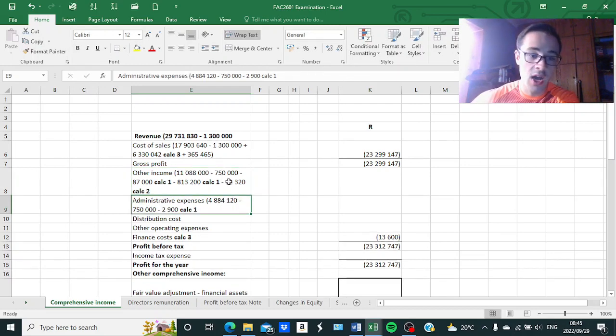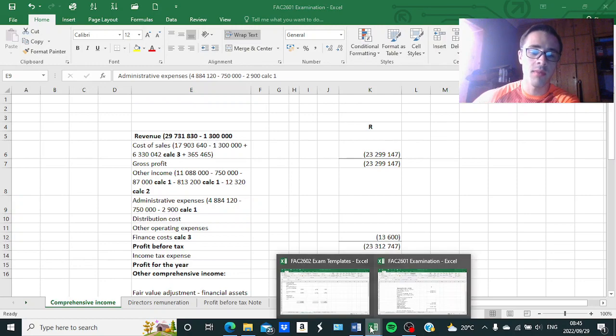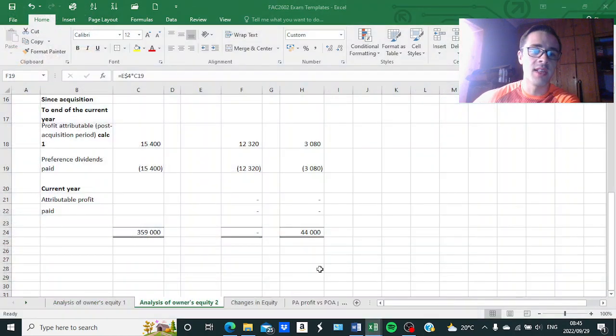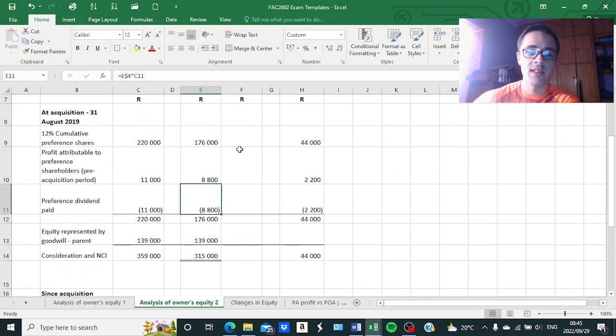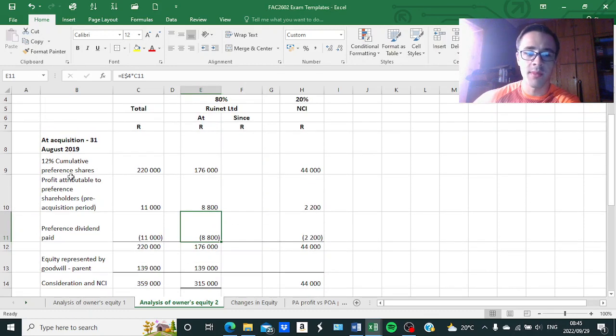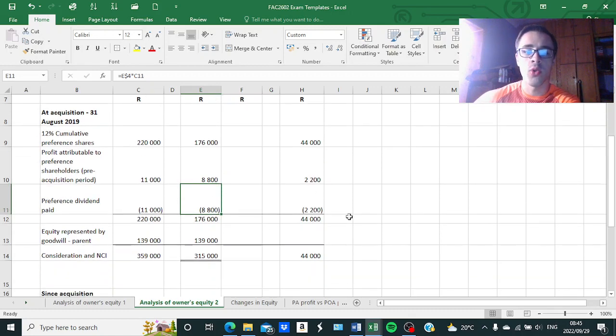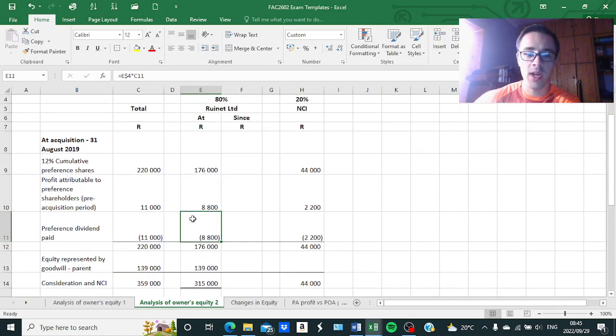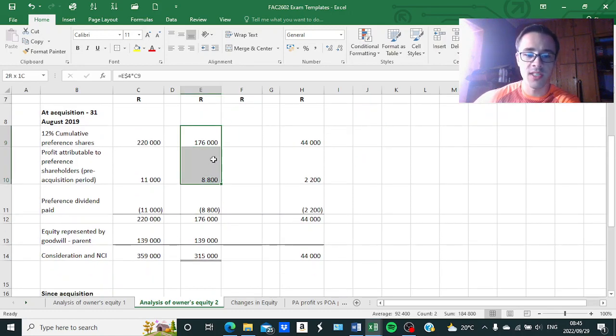In the analysis of owner's equity of preference shares, keep in mind that we do not eliminate the 8,800 again, because this would be eliminated in any case. The amount received for the pre-acquisition period of 8,800 Rand was already eliminated at acquisition, as part of the elimination of owner's equity, so we do not remove this amount again.